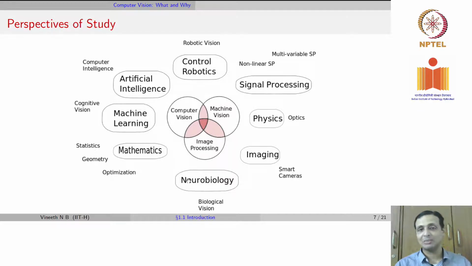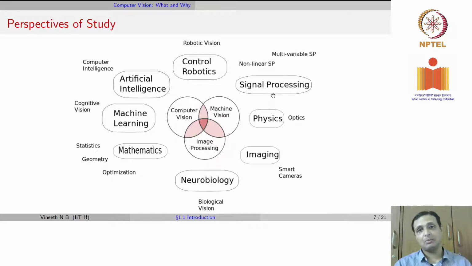Neurobiology, because that's what helps us understand how the human visual system works. Imaging, how do cameras image the scene around us, is important to be able to solve computer vision. The physics or the optics that's involved in lenses and how light falls on a particular object, how an object's appearance changes when the light source changes, when the direction of the light source changes, when the color of the light source changes, or when there are multiple light sources, and so on.